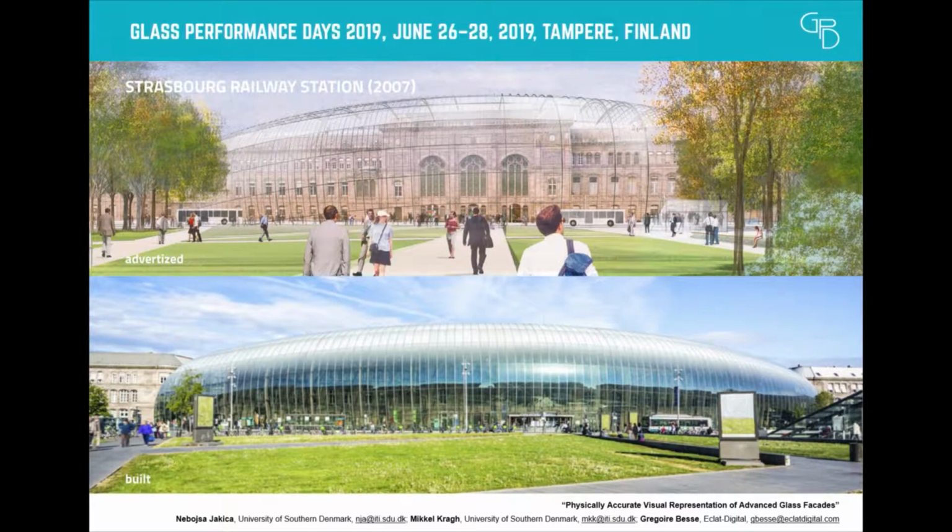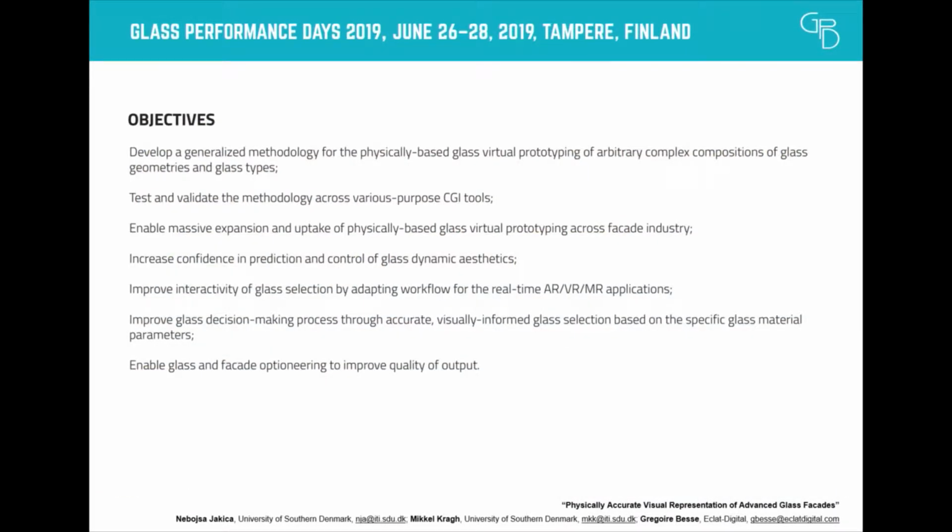So there is a lot of discrepancy along the way, and we are actually trying to decrease this bias and to increase the reliability of glass virtual prototyping, involving the most advanced tools, and seeing how to improve also other tools to increase this accuracy.